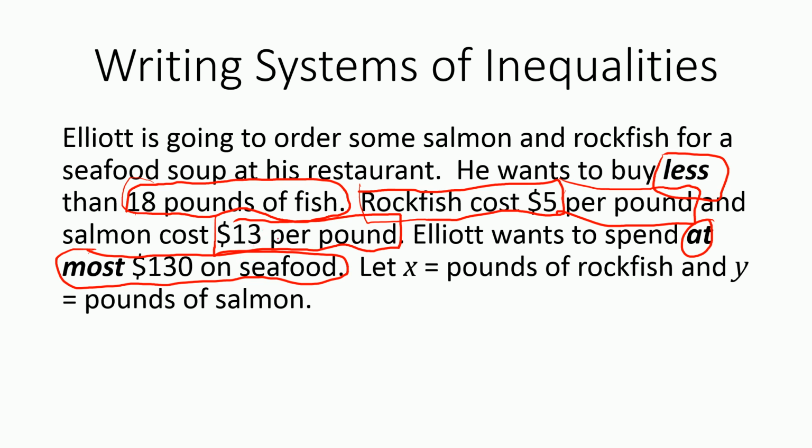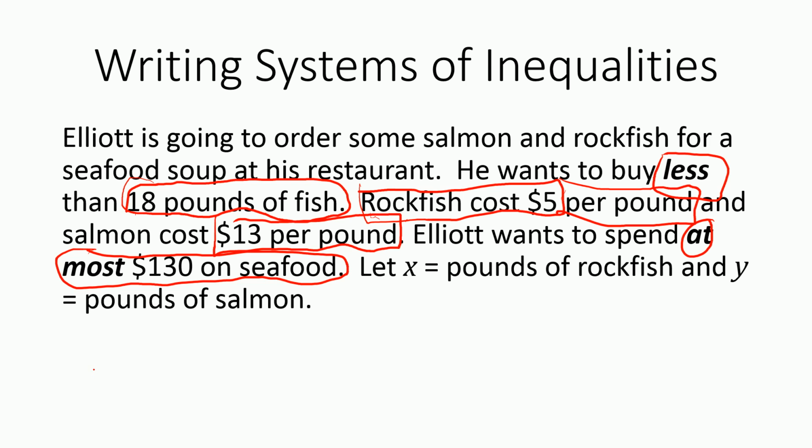The reality is there are 2 standard form inequalities here, and it's just difficult to pick out because of the way it's worded. The one that seems obvious is the second one. Rockfish cost $5 per pound, salmon costs $13 per pound, and he wants to spend at most $130. Since those all have the same unit, dollars, that should be in one inequality.